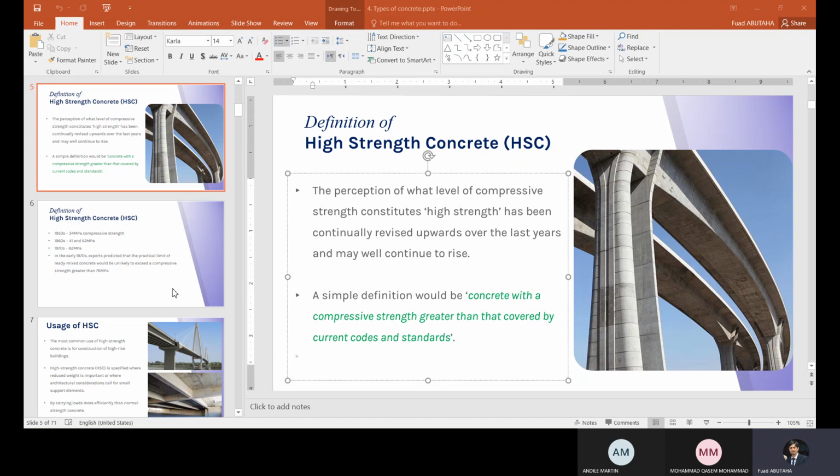Which one of them will give higher compressive strength if we compare them together? One from 4 to 14 or 4 to 19 or 20? Which one will give higher strength? Mix 1 or mix 2?